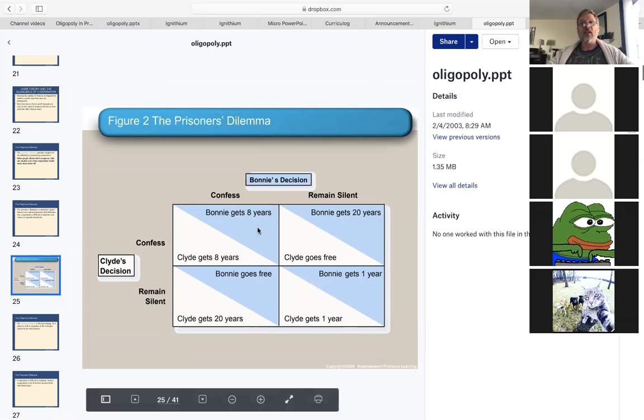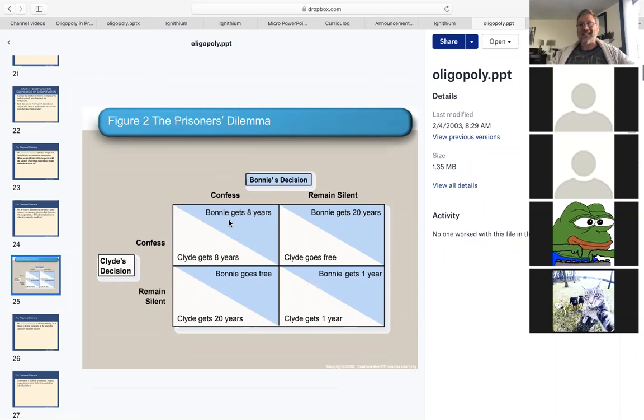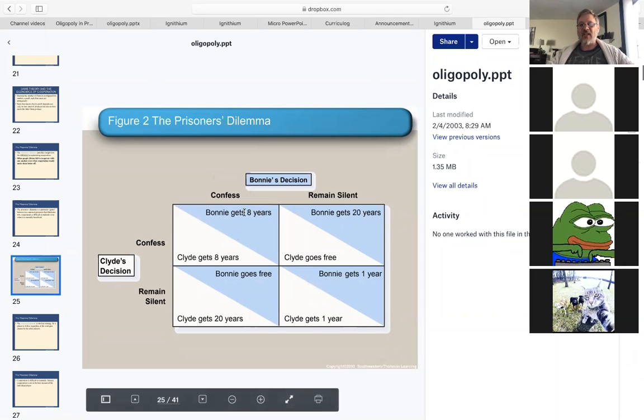Confess. So they both have a dominant strategy to choose confess, to both give evidence for their prosecution and act out of their self-interest. And this is what we call the Nash Equilibrium, where both players play the outcome that's in their best interest.